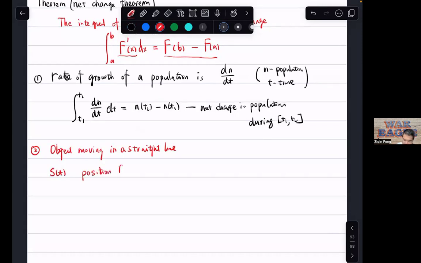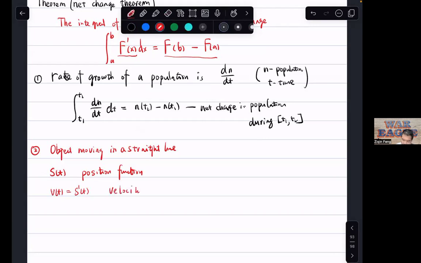By duality, we know the rate of change v of t equals s prime of t. That will be the velocity function of such an object.